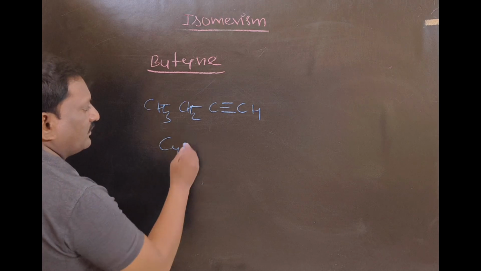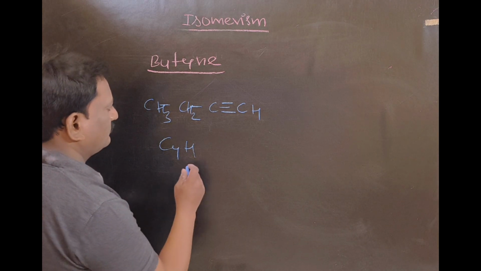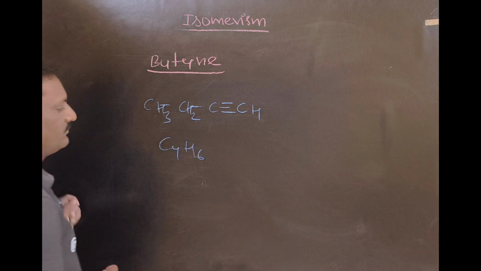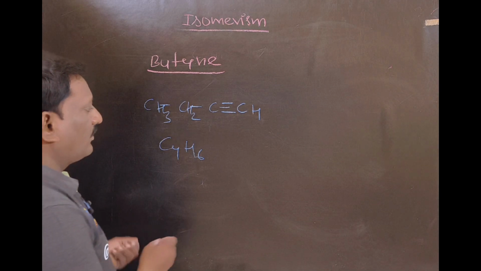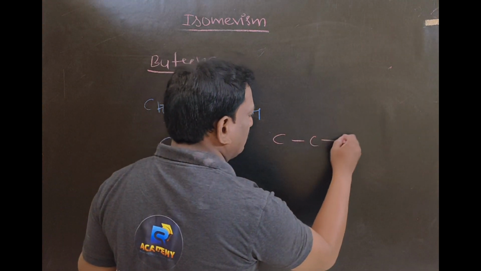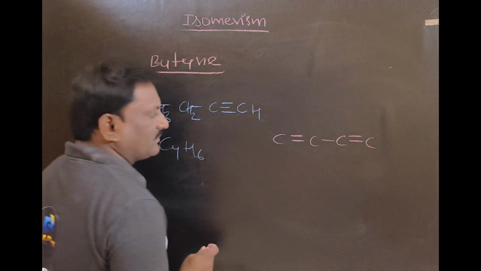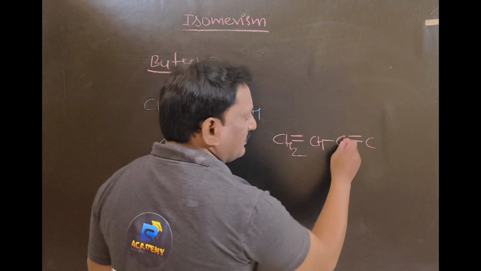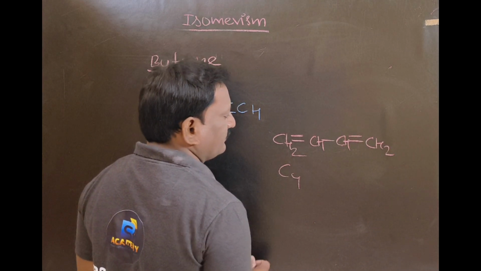Chemical formula C4H6. I would like to convert this structure into this: I would like to write it with two double bonds. CH2, CH, CH, CH2. Total C4H6.